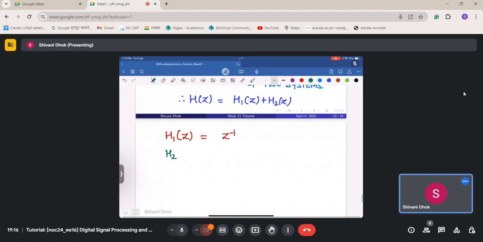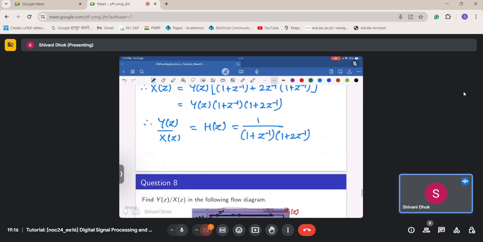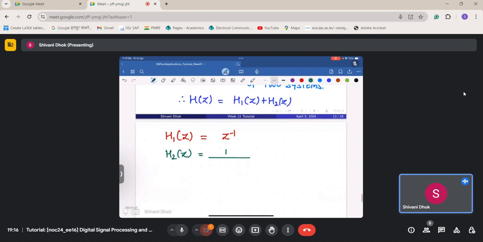H2 of Z is equal to 1 upon 1 plus Z inverse into 1 plus 2Z inverse, from the previous question.